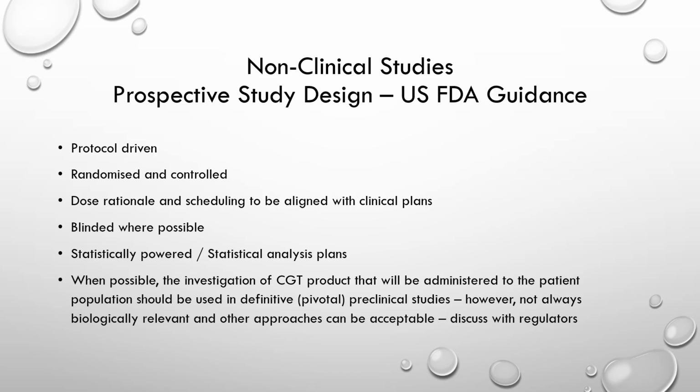However, it's not always biologically relevant to do that, because if you have a humanized or human-derived product, it will most likely produce an immunogenic response. Other relevant approaches can be acceptable, and you do need to discuss that with the regulators.